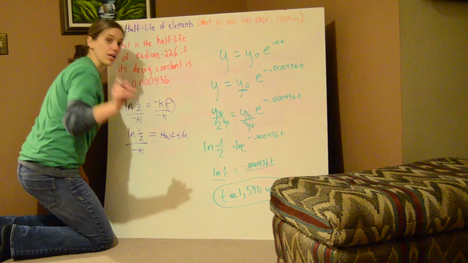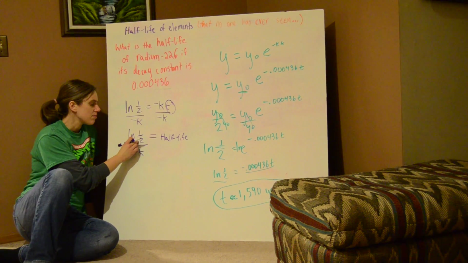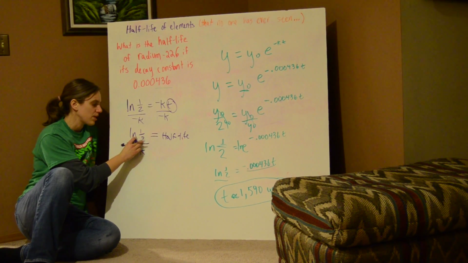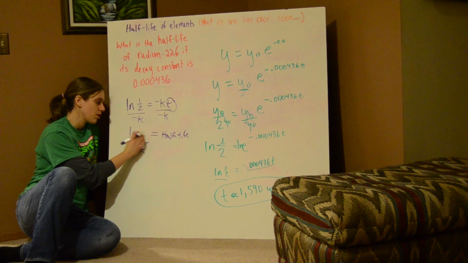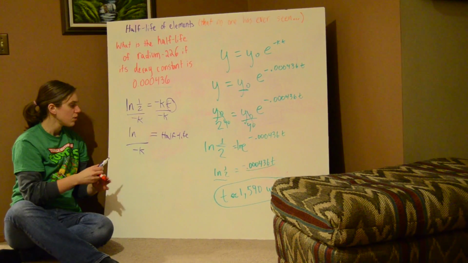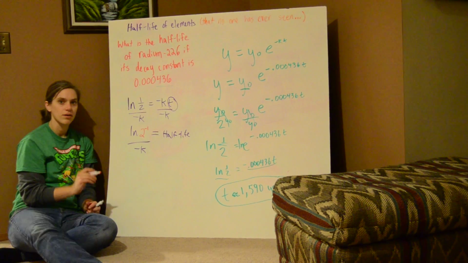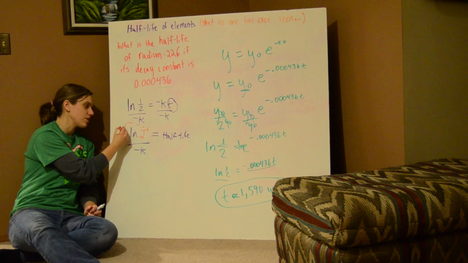But let's for a brief minute talk about what we know about natural logs. When we have 1/2, we can write that as 2 to the what power? Well, if it's on the bottom, we can write it as 2 to the negative first power. Using your log properties, we can bring this out front.